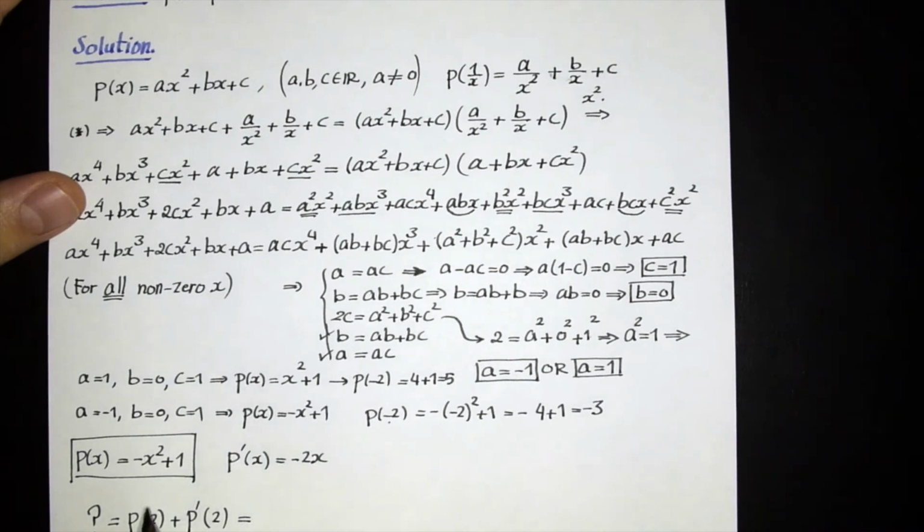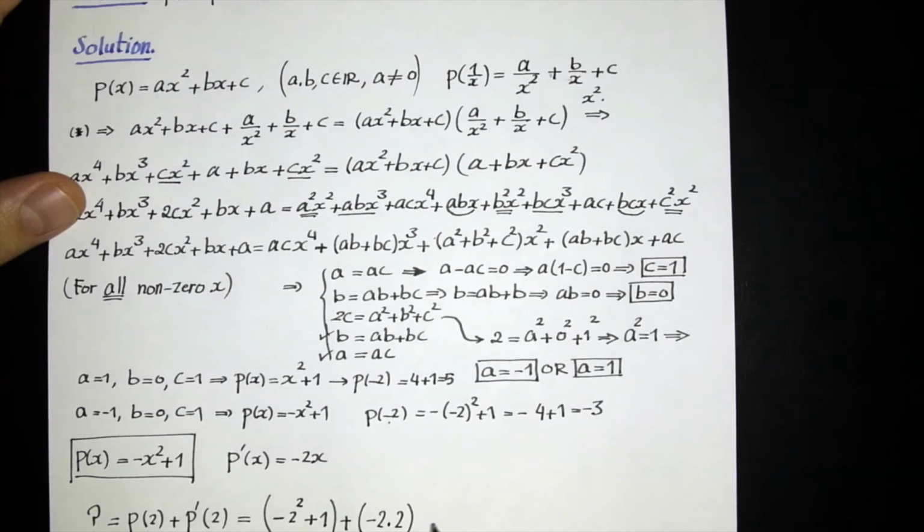Okay, p of 2 means you need to, instead of this x, I put 2, it becomes 2 to the 2, there is a negative sign behind that, and then plus. And then instead of p prime of 2, I go here, I replace the x in the derivative by 2, so it becomes minus 2 times 2.